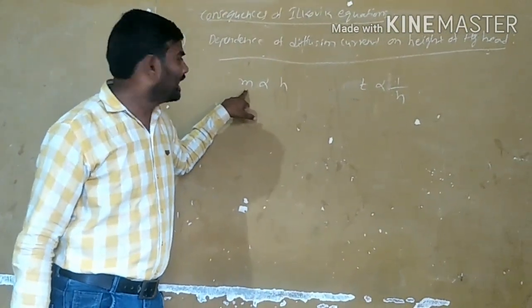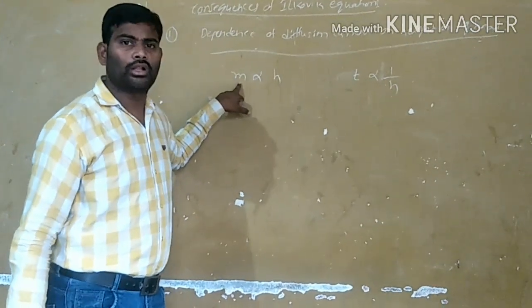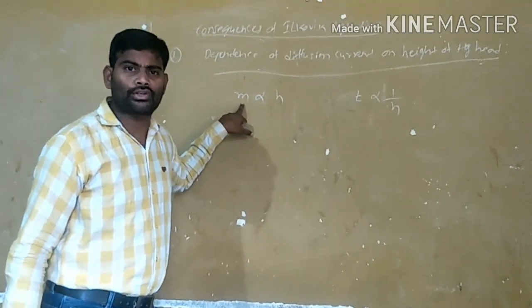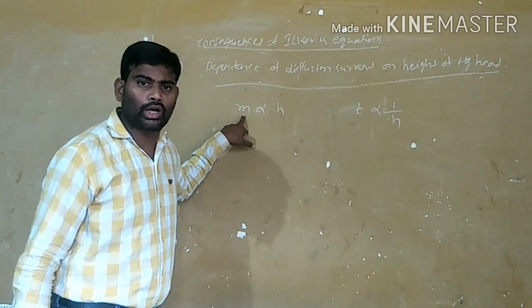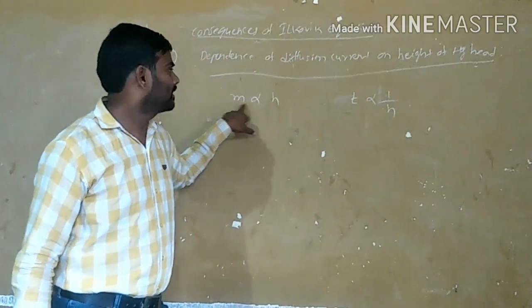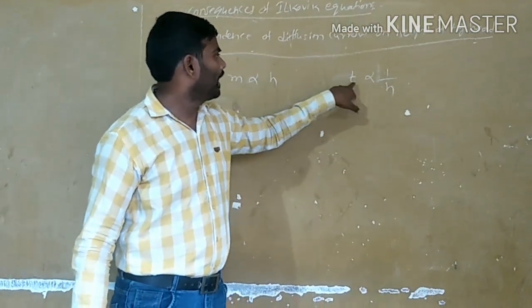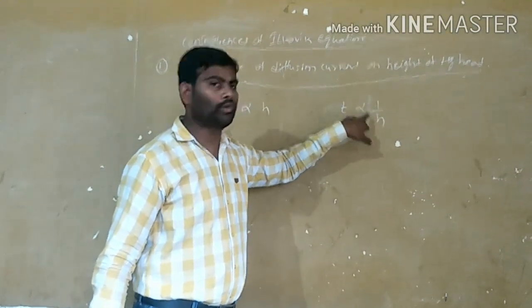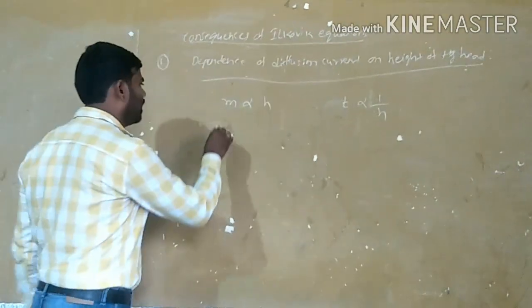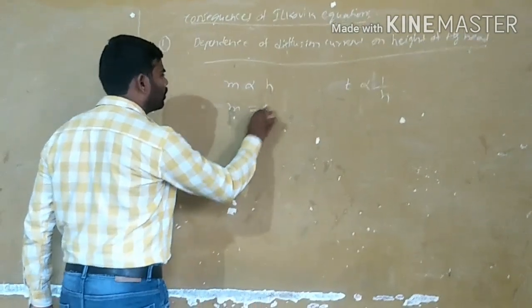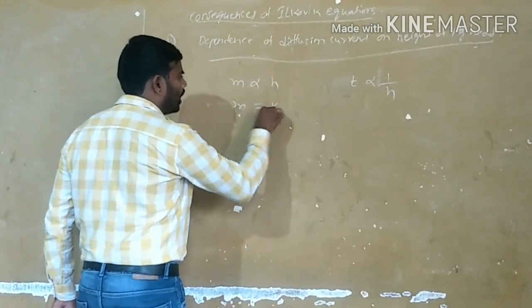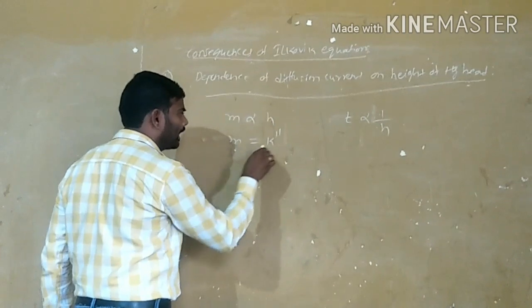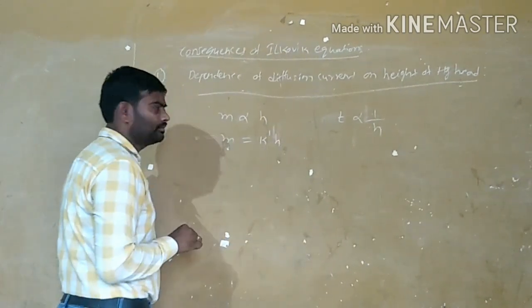As the flow rate is increasing, the time taken for the formation of a mercury drop decreases. That's why drop time will be inversely proportional to the height of the mercury head. From this, m is equal to, I am putting a different constant, k1 of h.